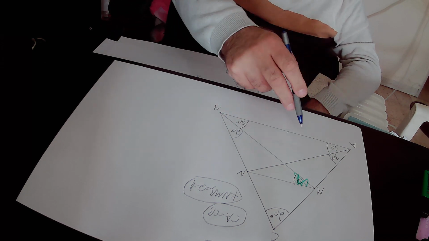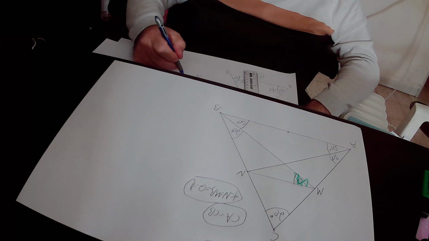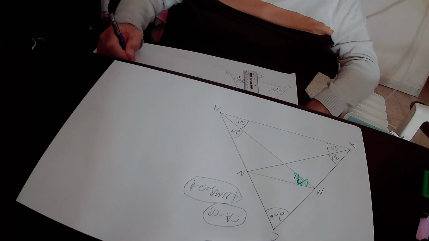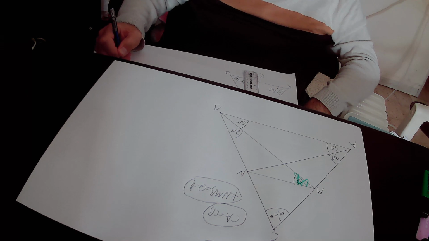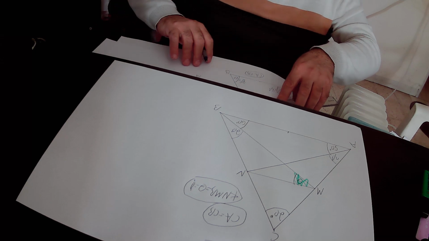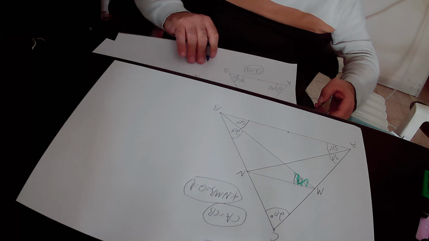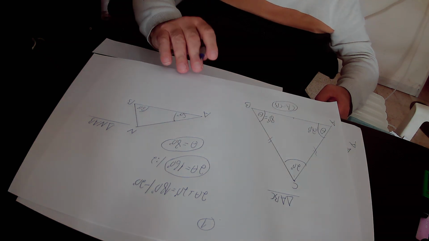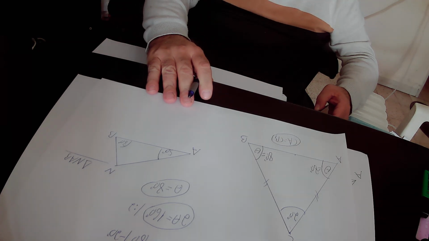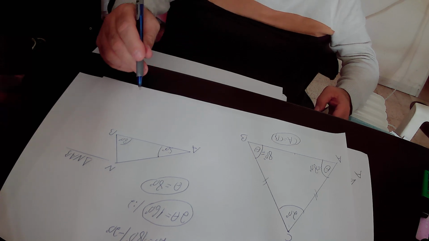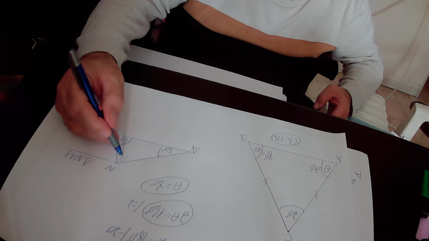Angle NAB, this angle equals 50 degrees in its size. So actually, this is triangle NAB that I copied from the original drawing. We define the missing angle as theta.